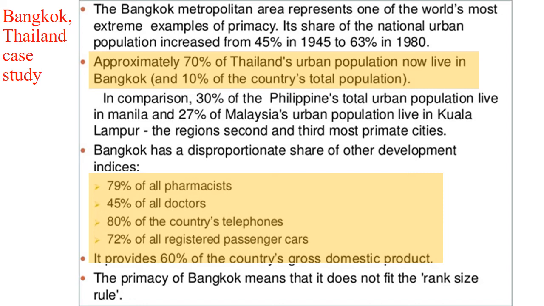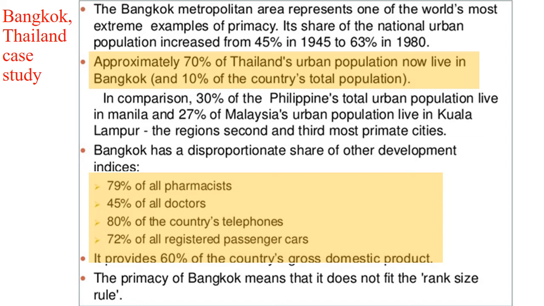Look at some of these statistics, right? So approximately 70% of Thailand's urban population now live in Bangkok, and 10% of the country's total population is concentrated in that one city, right? But 70% of the urban population, of everybody living in cities, most of them are in that one spot.